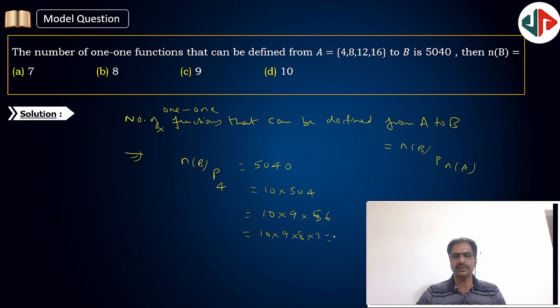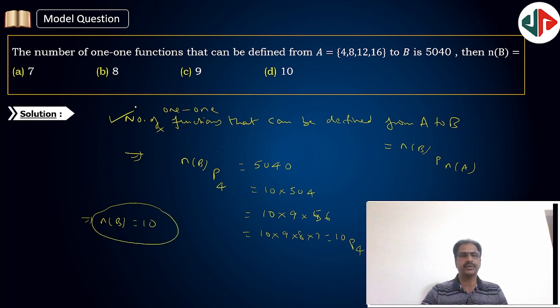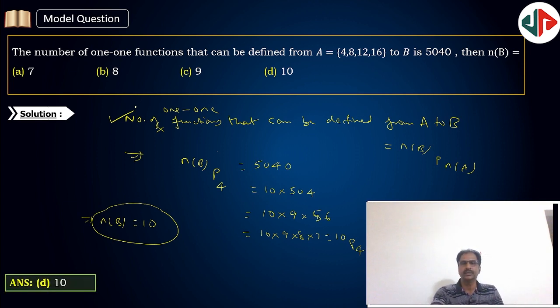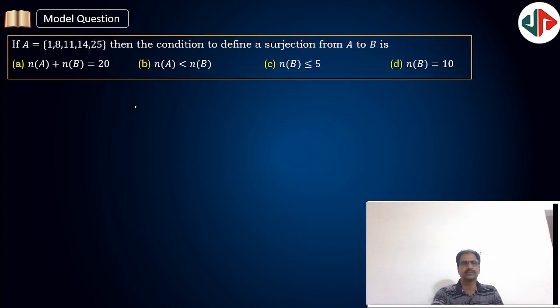So what is 10 into 9 into 8 into 7? It is 10P4. So n of B P 4 is equal to 10P4, which means n of B is 10. So remember the formula for the number of 1-1 functions that can be defined from A to B is n of B P n of A. P stands for permutation. So option D is correct.